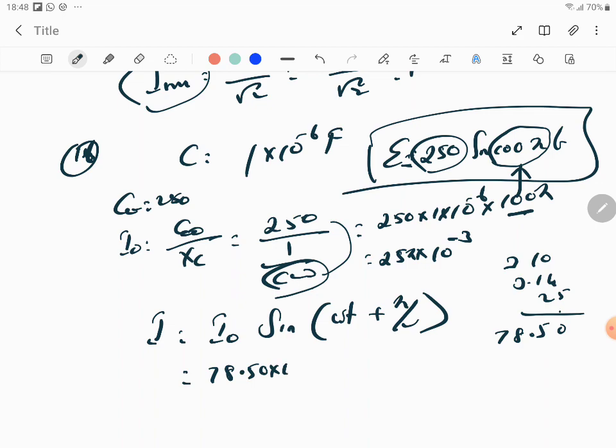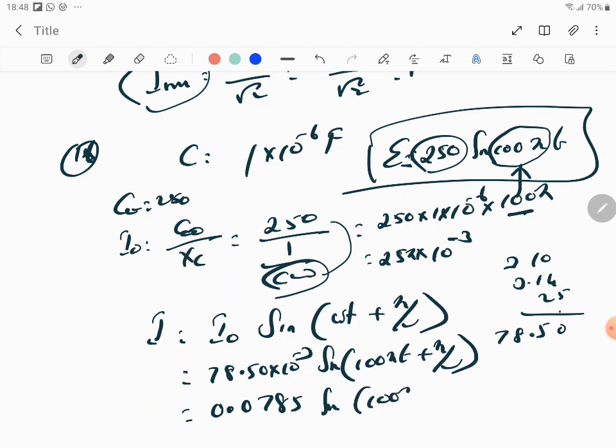So 78.50 into 10 to the power minus 3 sine 100 pi t plus pi by 2. So they have ignored the decimals and written it as 0.078. Perfect. Sine 100 pi t plus pi by 2.